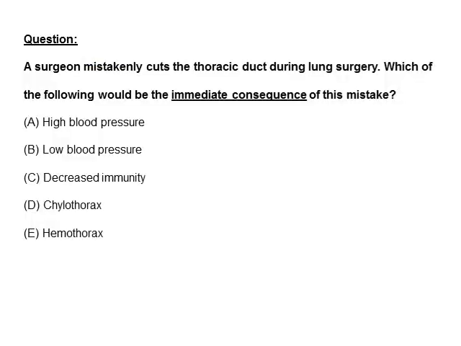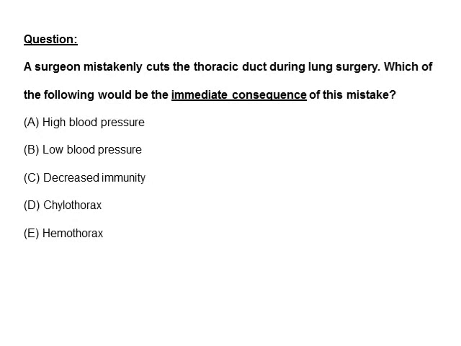Let's test the information that you have learned so far by this question. A surgeon mistakenly cuts the thoracic duct during lung surgery. So a surgeon was doing lung surgery and by accident he hits the thoracic duct, cut it. Which of the following would be the immediate consequence of this mistake?